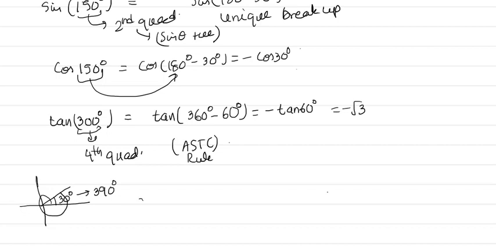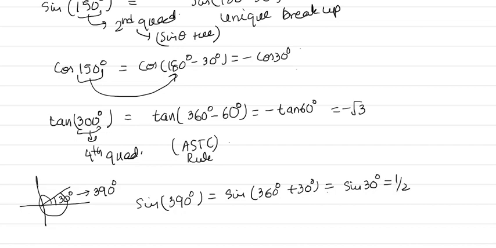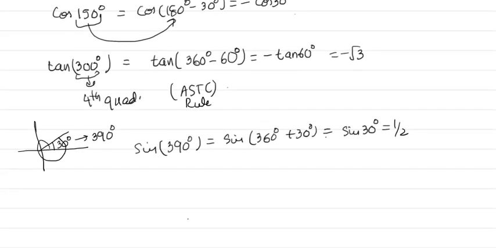So if I ask you sine 390 degree, you will simply write it equal to sine of 360 degree plus 30 degree. So you will write sine 30 degree, and this will be half. So if the angle is greater than 360 degree, you simply subtract the multiple of 2 pi, right? You know pi is equal to 180 degree, so 2 pi is equal to 360 degree.